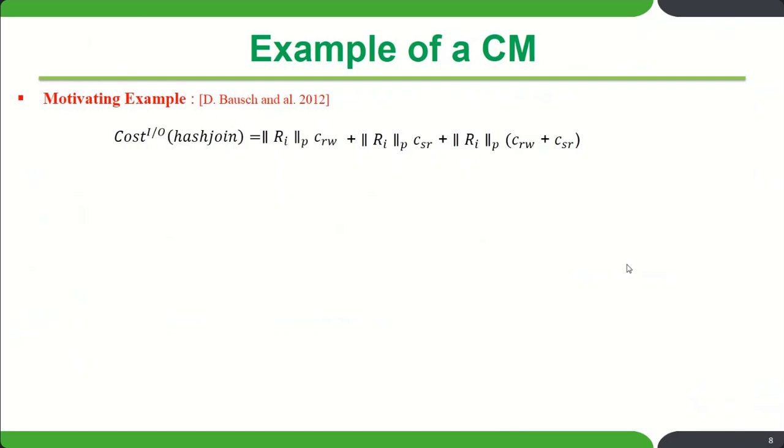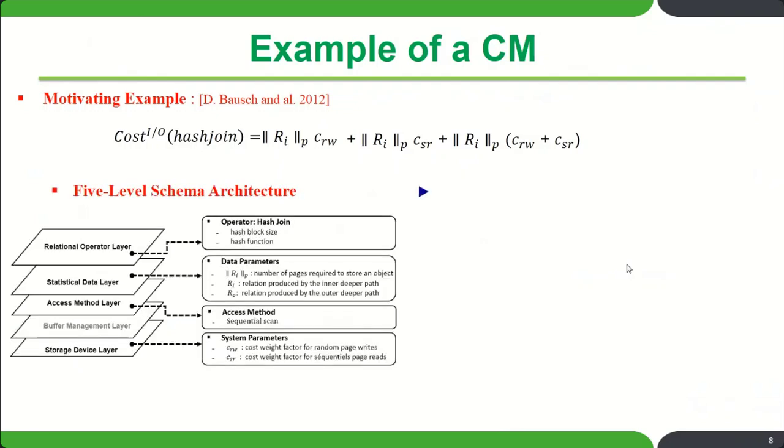Here we have an example of a database cost model to estimate the input-output of a hash join operation. The different parameters of this formula can be derived from the architecture of the database system. For example, we have some parameters related to the relational operator layer, and some parameters derived from the statistical data layer.